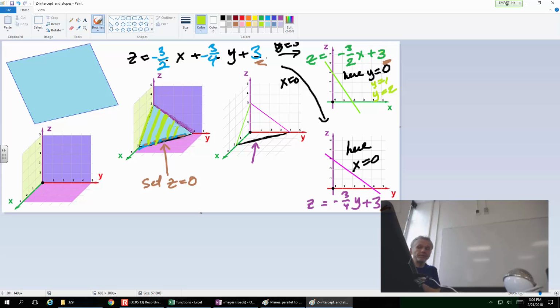I do the same with the other line. Here x equal to 0, and that is my line. But I could also pick x equal 1, and that will be my line. x equal 2, this will be my line.